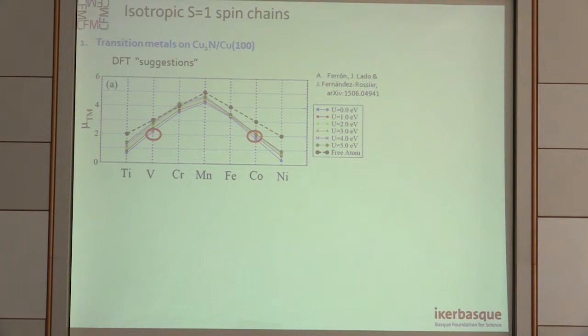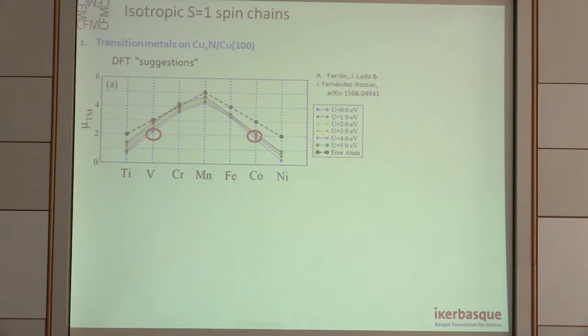That's one of the most common substrates these days. But we don't have the full table of transition metal atoms. So if we rely on DFT results, this corresponds to a recent paper of Joaquin Fernandez-Rossier and co-workers, where they studied the transition metal atoms on the copper nitride surface.